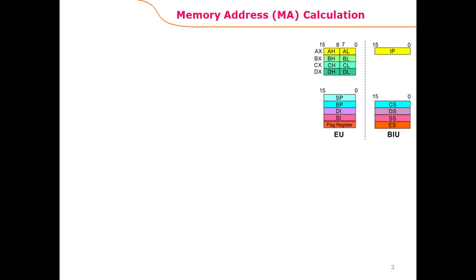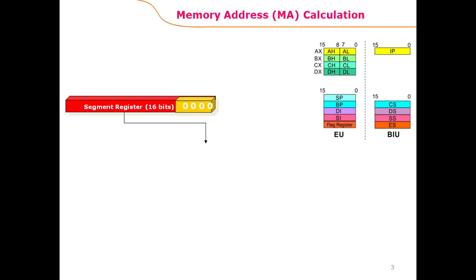To access a memory location, the microprocessor first needs to compute the memory address, which is also called the physical address. The physical address calculation begins with the segment register.